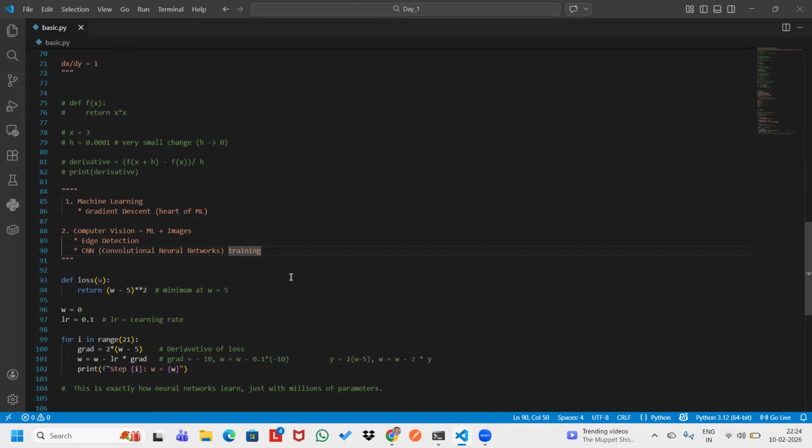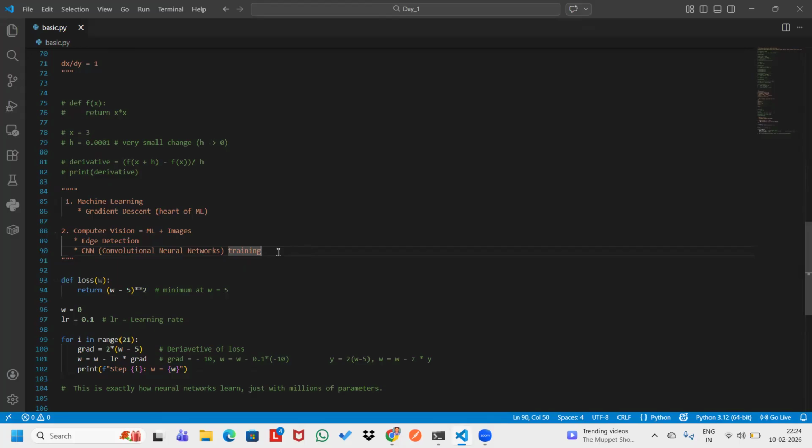If you do not use differentiation, then CNN will not be useful for you. You cannot detect objects, and you cannot recognize faces. Suppose you show an image of a dog, and it predicts that it is a cat. Do you think that will be okay? No.